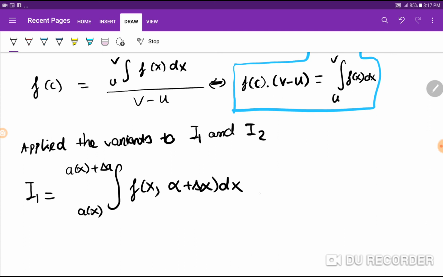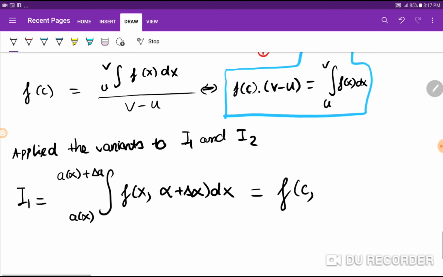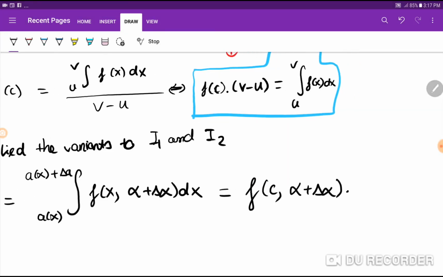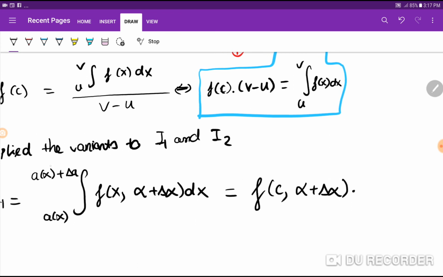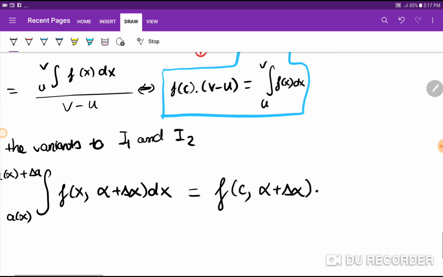Since alpha here is a variable, it will equal f(c, alpha plus delta alpha) times (v minus u). What is v?